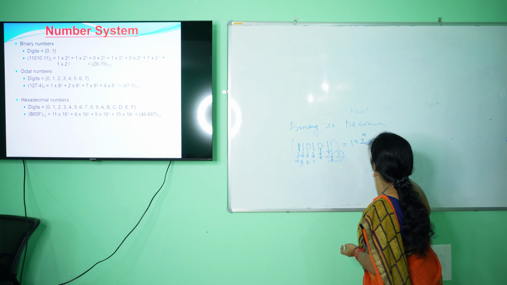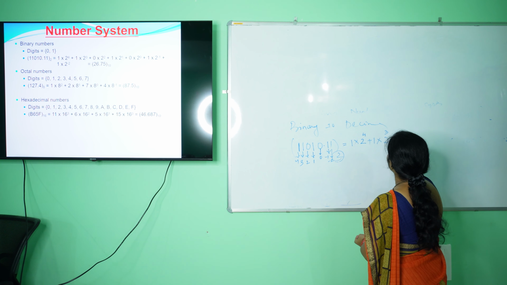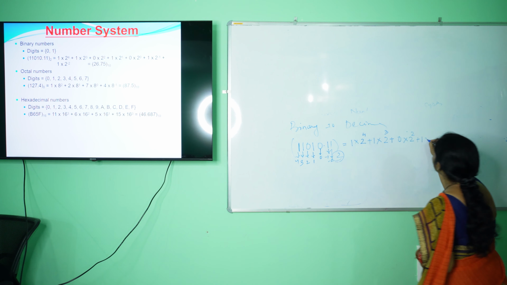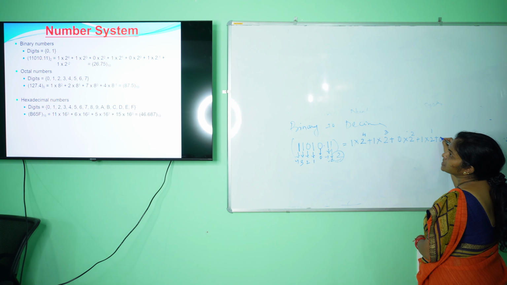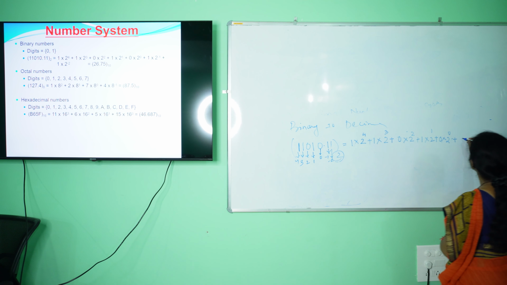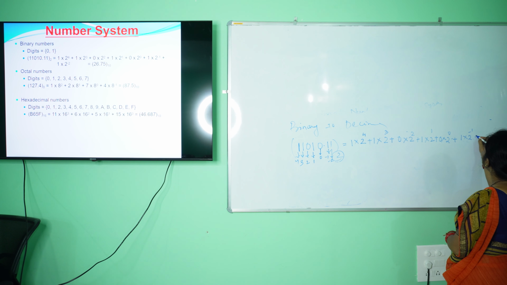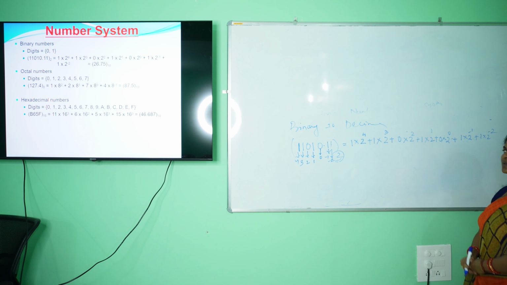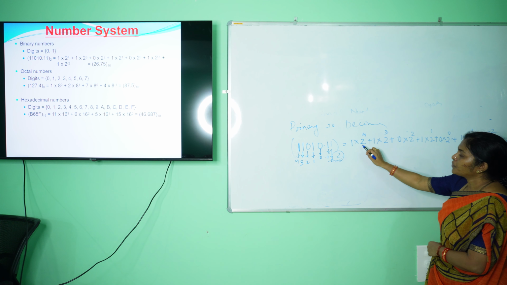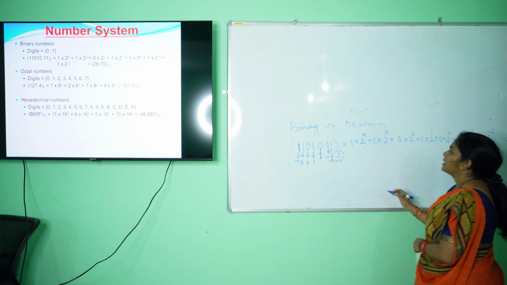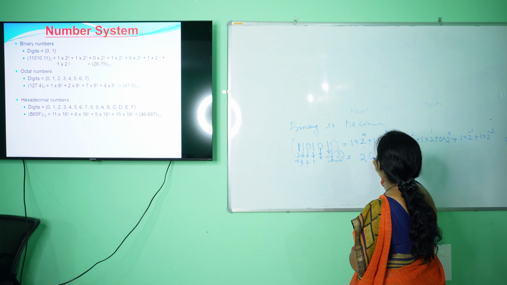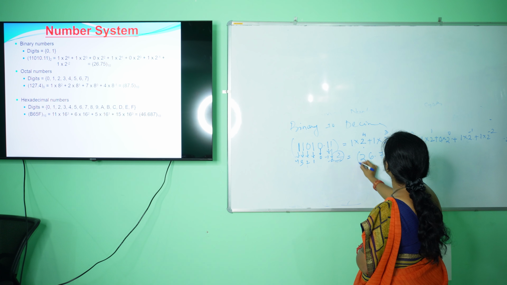Similarly, plus 1 into 2 to the power 3, plus 0 into 2 to the power 2, plus 1 into 2 to the power 1, plus 0 into 2 to the power 0, plus after the decimal, 1 into 2 to the power -1 plus 1 into 2 to the power -2. Now if you compute everything, the result comes as 26.75.